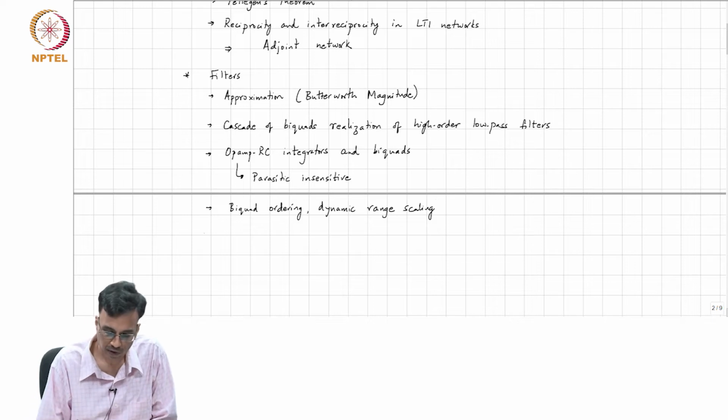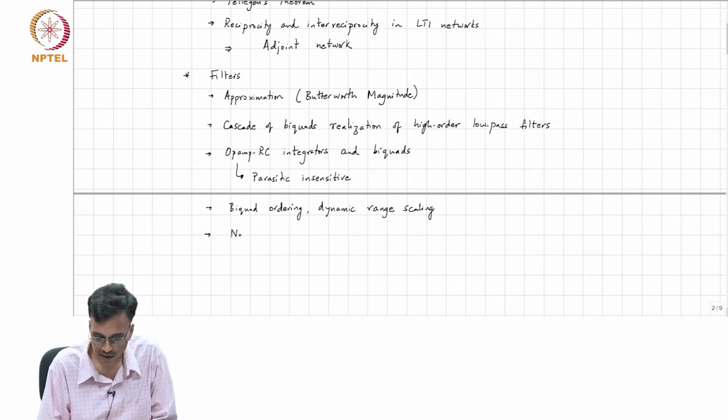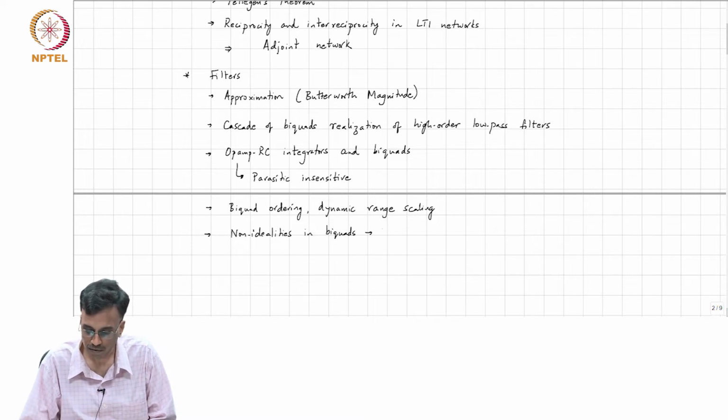Right. Then we saw what happens with non-idealities in biquads, and basically the effect of finite op-amp gain bandwidth.